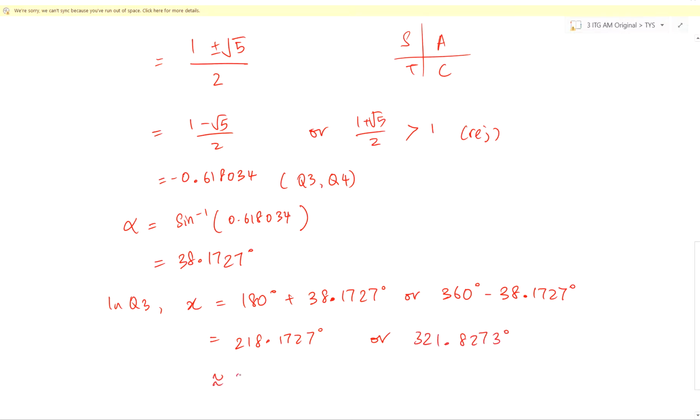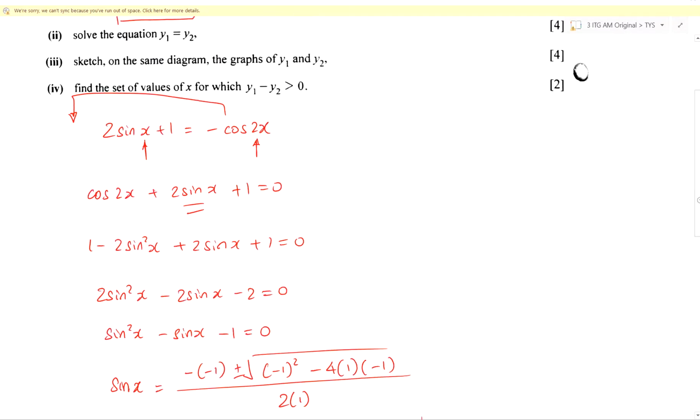So round this off to one decimal place, as is with all values in degrees. All angles in degrees, we leave them in one decimal place. And this is our final answer. So for equation number 1 and equation number 2, they intersect at 2 points only, at these two angles, within the range of 0 to 360 degrees.